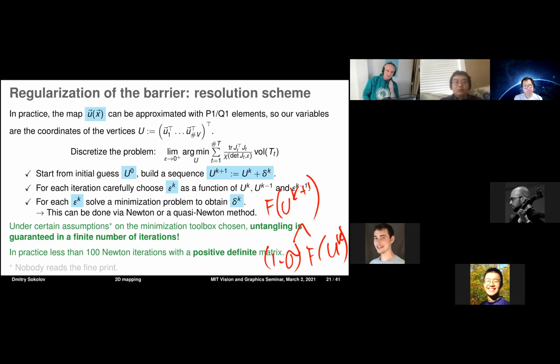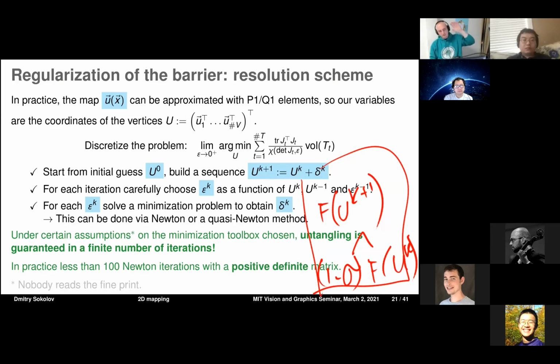So I cannot tell you that if you use a Newton method, you will never be stuck in a local minimum. I do not have this guarantee. The theorem we were able to prove works on the assumption that we have a toolbox that can actually minimize a function by a prescribed percentage of the function, and then you will converge.